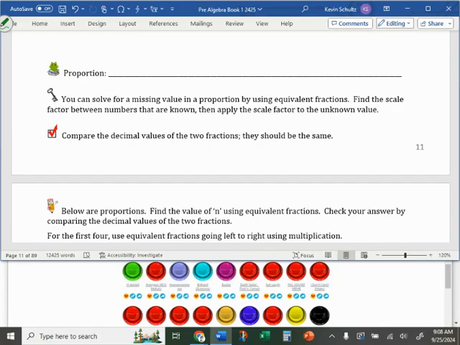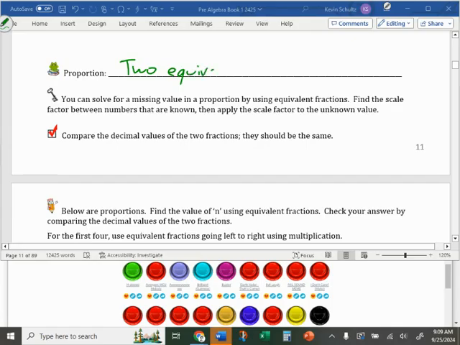No. A proportion is simply two equivalent fractions. That's why we spent the top part talking about equivalent fractions, right? Two equivalent fractions make a proportion.